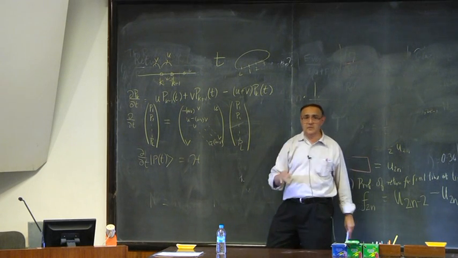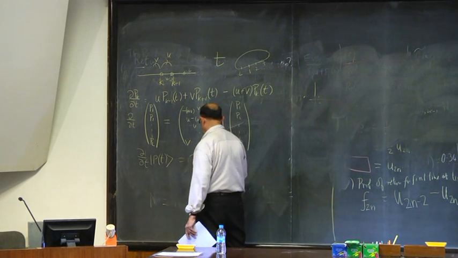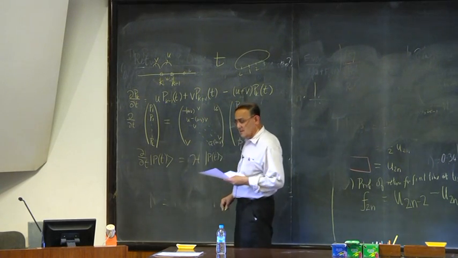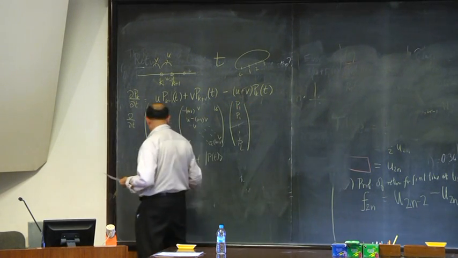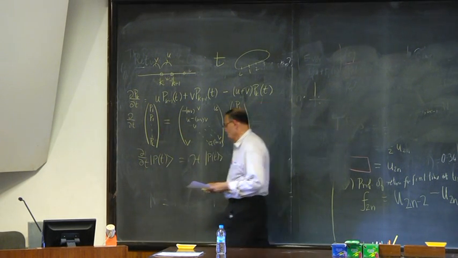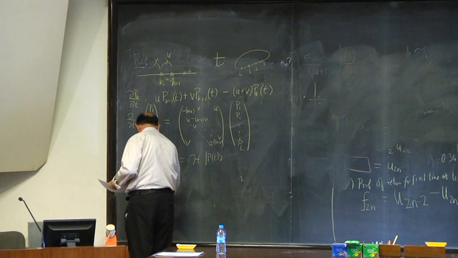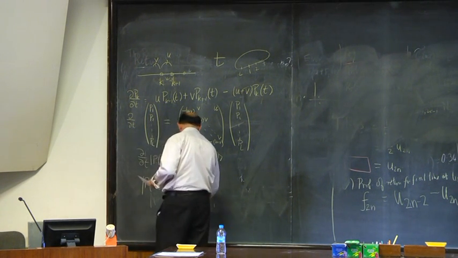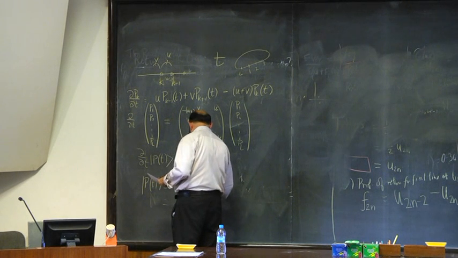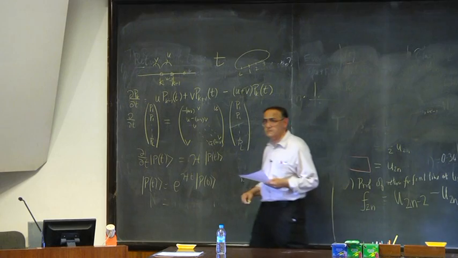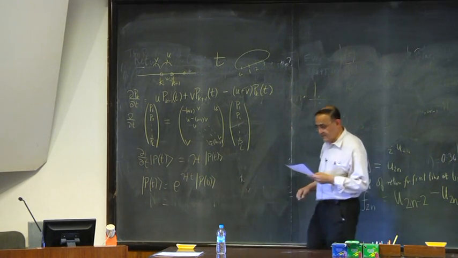You may call it capital W if you like, times P. So this can be integrated immediately because H does not depend on time, it is time independent. So P of t is equal to e to the Ht times P of 0. All right, good.